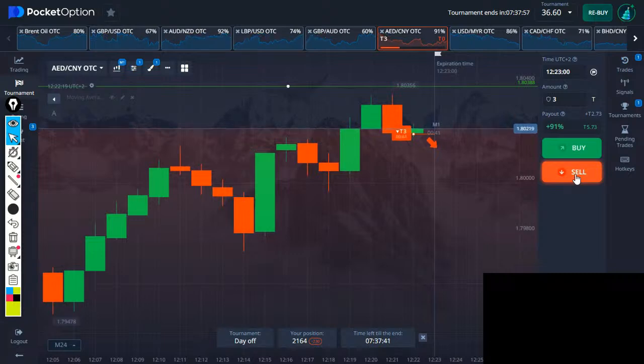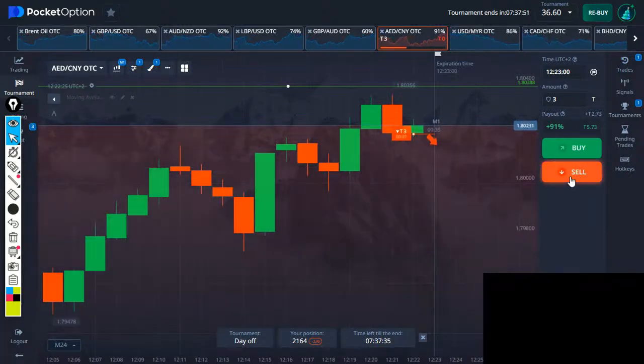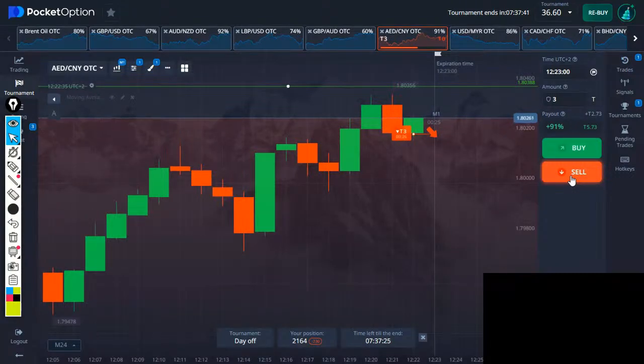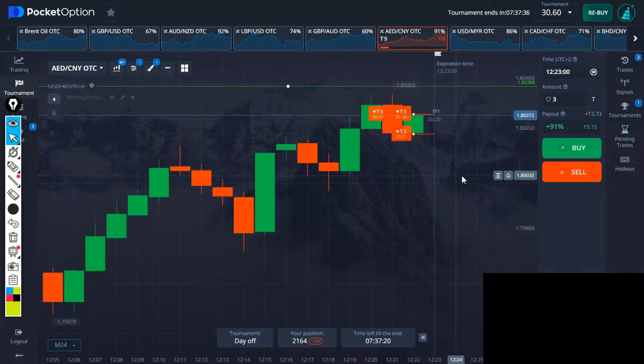Come on, give me more. So now we are using high frequency trades. We are being very aggressive. Do not use this kind of trading using real money accounts. Never at all.